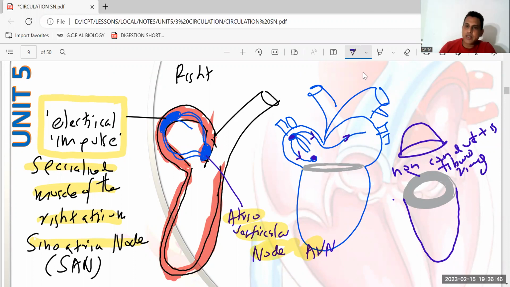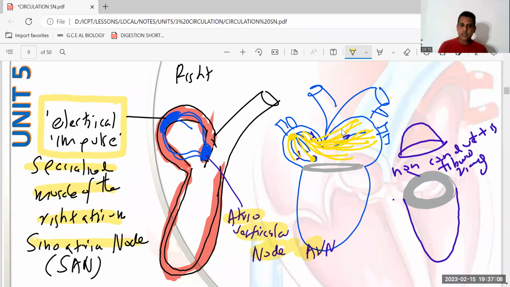Okay, then first we understand that if a signal is generated by the SA node, it can spread all over the atria, right and left, both atria. These impulses are going, and some part is also going to the AV node.